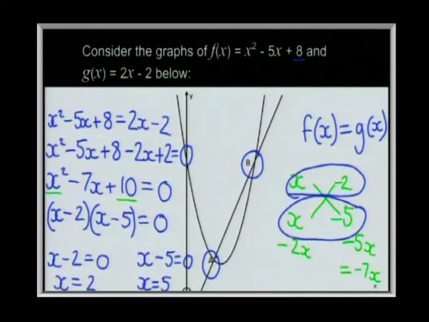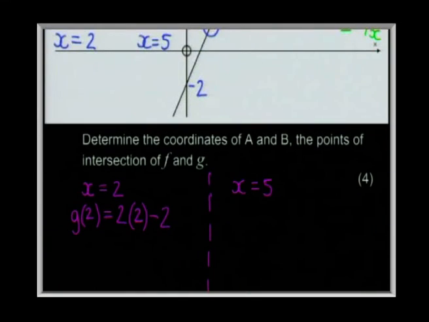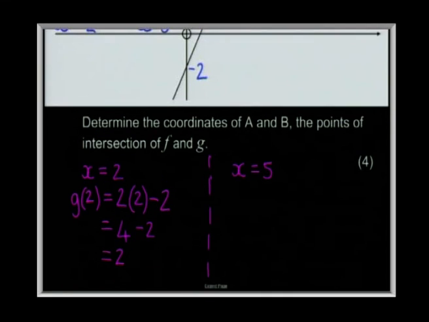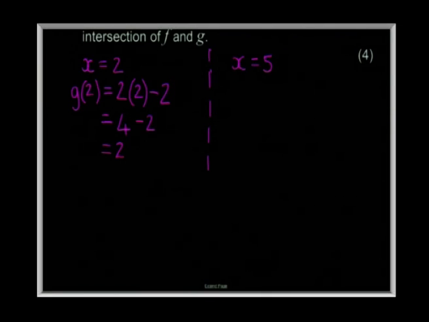Yes, 2x minus 2, and 2, what would have been x, minus 2. Let's solve for it. 2 times 2 is 4, minus 2 is going to be 2. So that means that point of intersection is going to be x is 2 and y is 2.